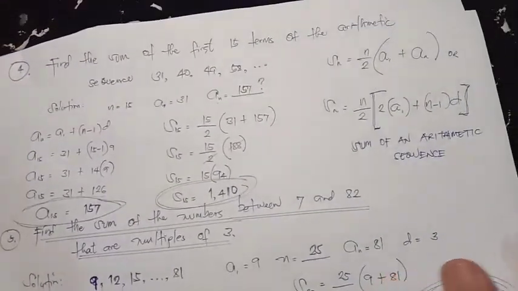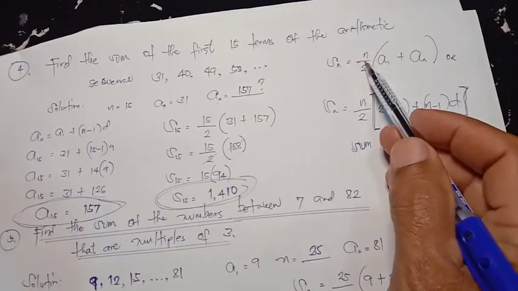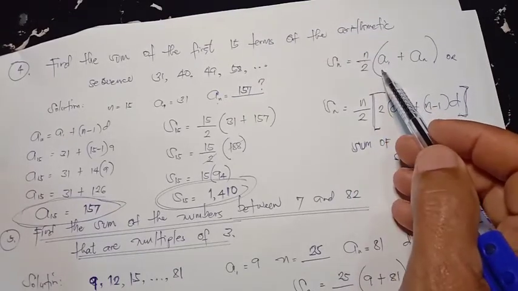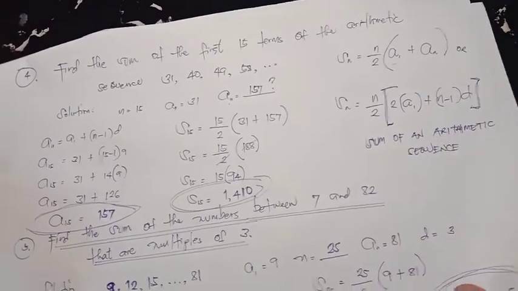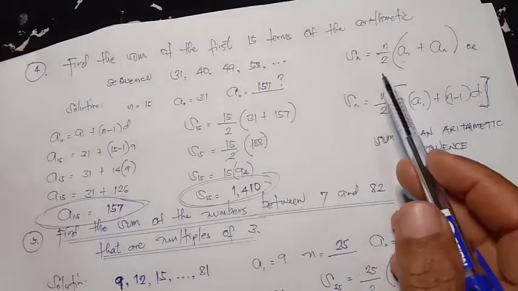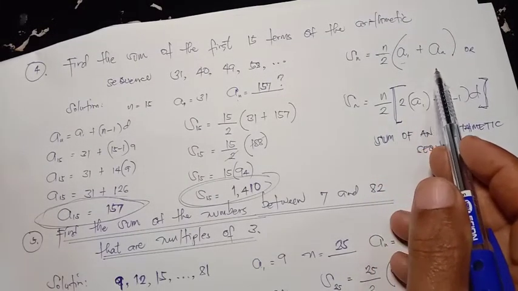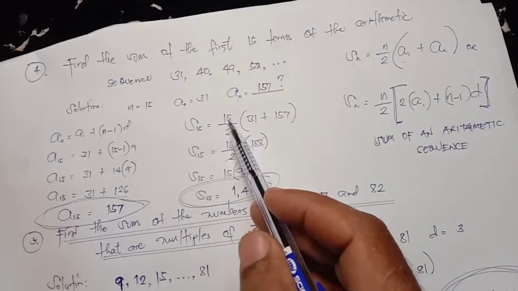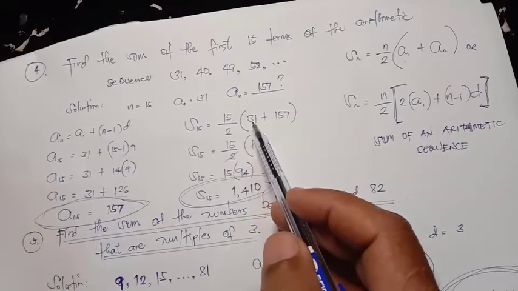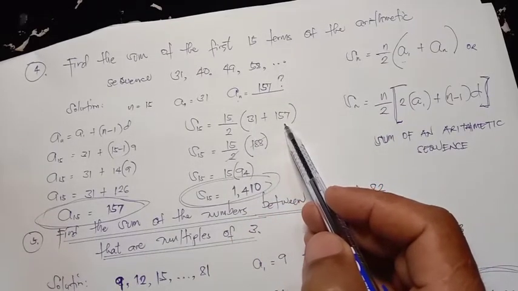Kailangan kasi natin, para makuha yung sum, kailangan natin makuha kung ilang term, kung ano yung first term, at kung ano yung last term. So, using the formula for finding the sum of arithmetic sequence, n is 15 over 2 times the first term, 31, plus the last term, 157.